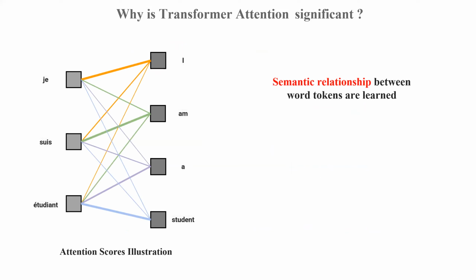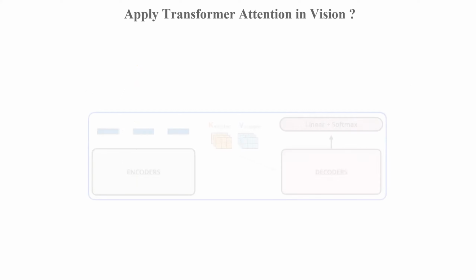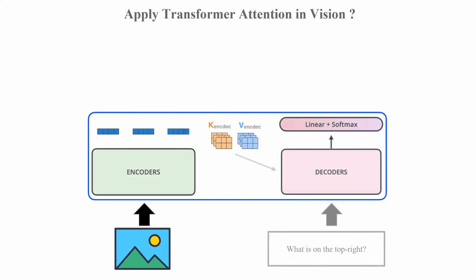This type of architecture potentially gives us semantic relationships between word tokens that are learned. Recently, prompting or fine-tuning allows us to extend transformers to domains beyond what they were trained on, and they are generally applicable to different domains. This inspired us to form things that are more general for computer vision.